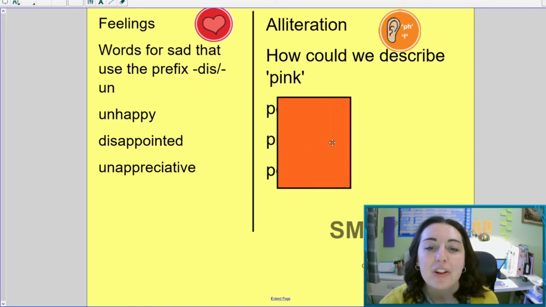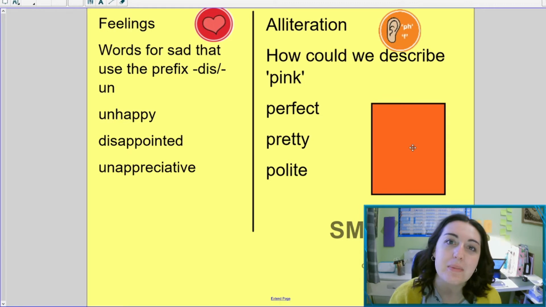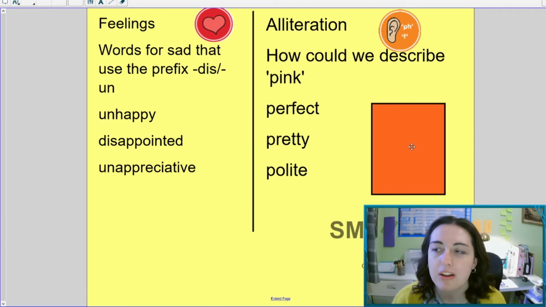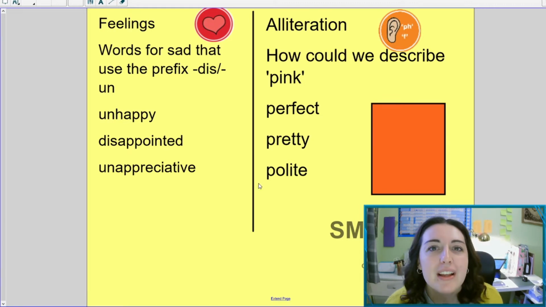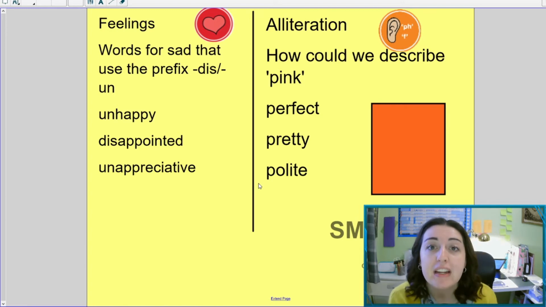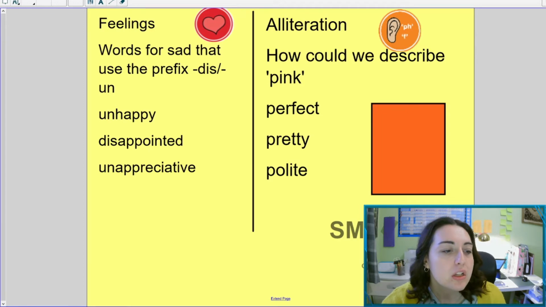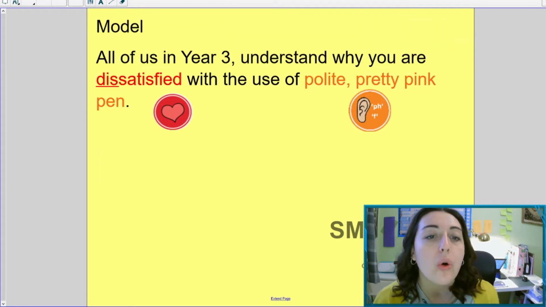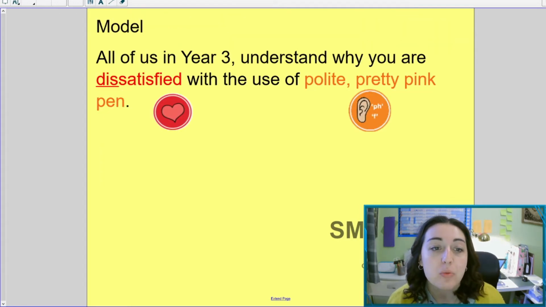Okay, so we've got things like perfect pink, pretty pink, polite pink. All of those would make me feel very happy. So our first sentence that we're going to write about today is going to acknowledge the fact that we understand that pink, pretty pink, polite pink, whatever, she is feeling sad. So all of us in year 3 understand why you are dissatisfied with the use of the polite, pretty pink pen.